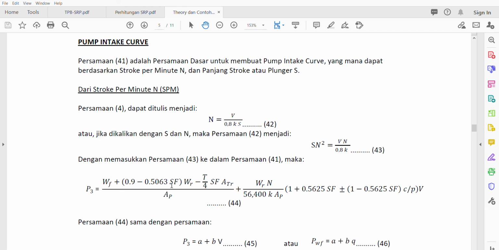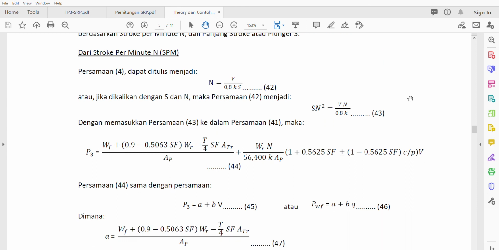You have your equipment, you have your tool, you have your pump and everything, and you set up the end. So this is what we expected for the pump intake curve. So the curve goes up. So PWF equals A plus BQ. Okay. We will continue with the third video.